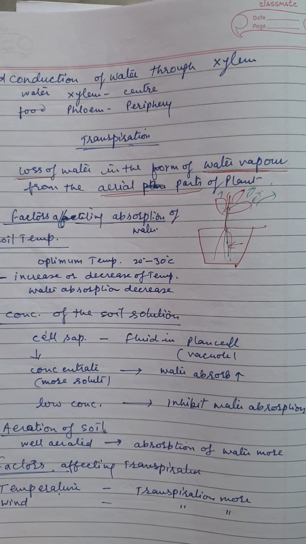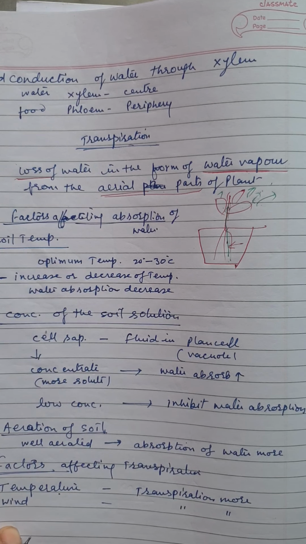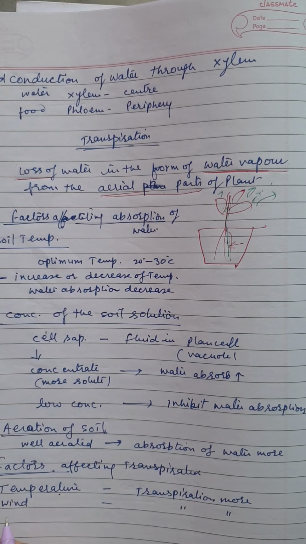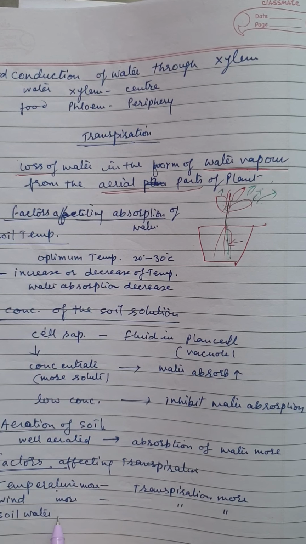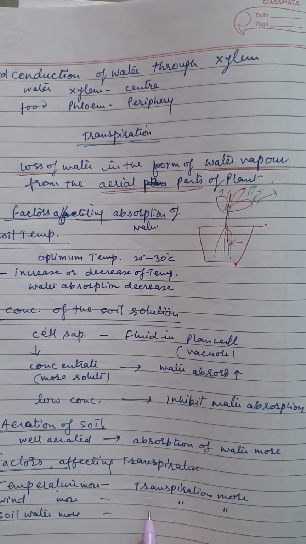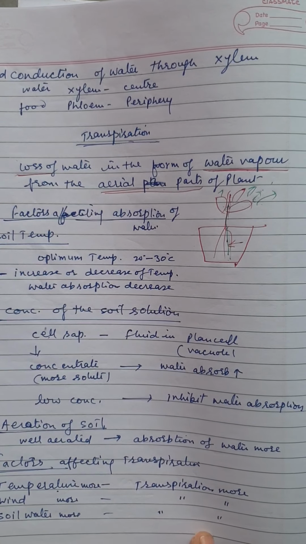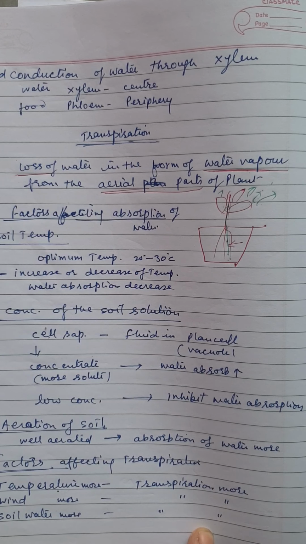Number 3, availability of soil water. If there is more amount of water in the soil, then the transpiration rate also increases.